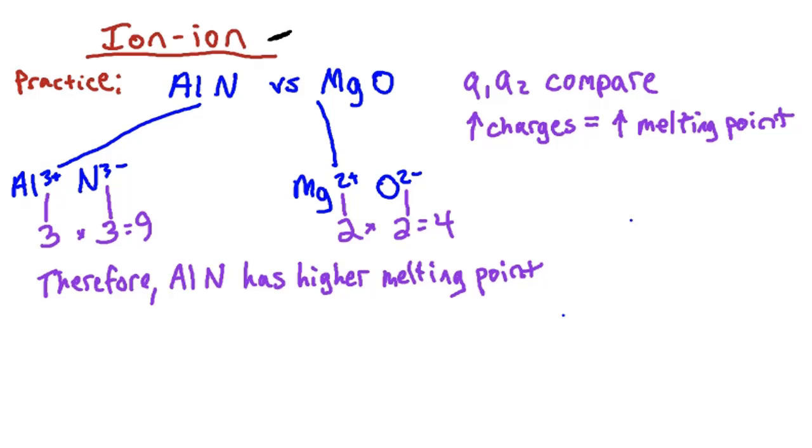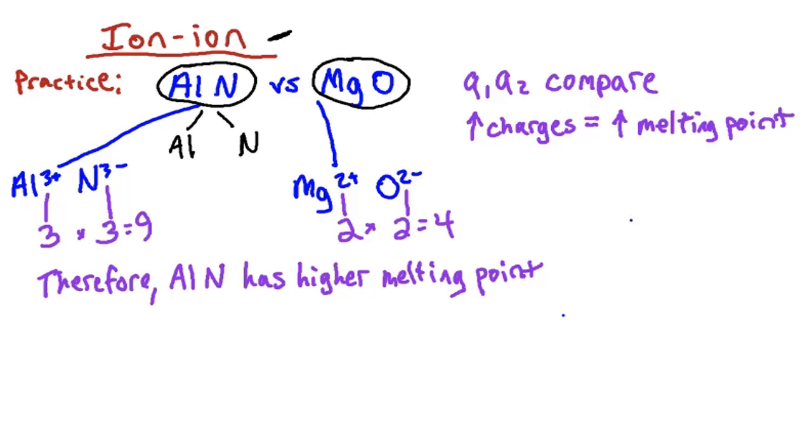ions. So as you can see here, we have aluminum nitride, that's aluminum and nitrogen, and magnesium and oxygen, magnesium oxide. So aluminum nitride breaks down into aluminum and nitrogen.